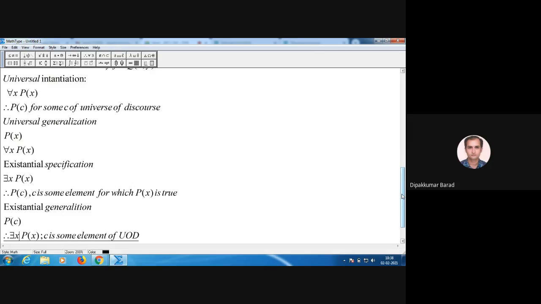Then universal generalization: we have P of X, and therefore for all X, P of X is true. Okay, universal generalization.